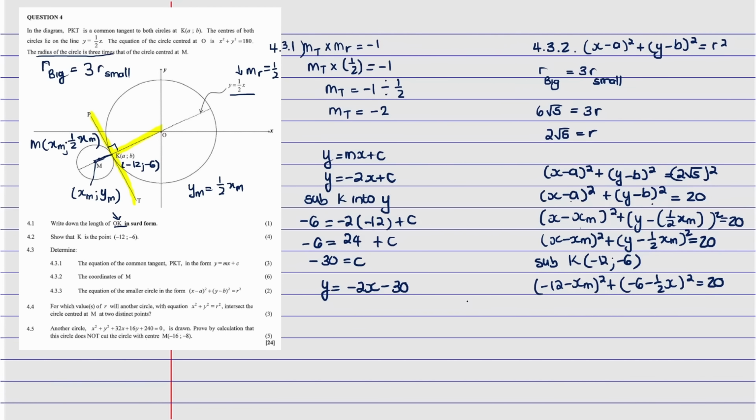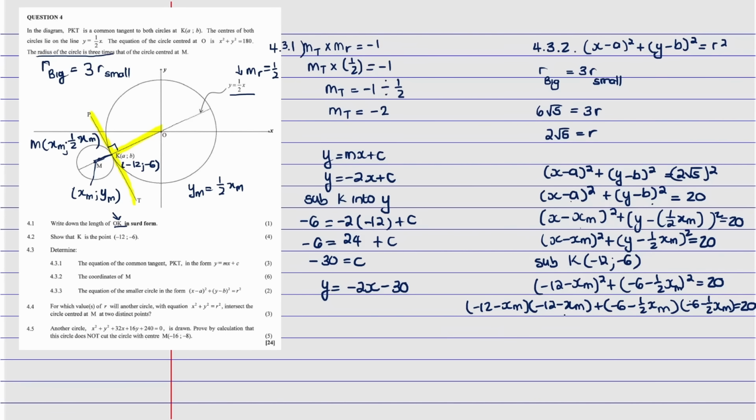It's going to be negative 12 minus xm, then another bracket, negative 12 minus xm, right? And this is going to be plus negative 6 minus 1 over 2 xm, then another bracket, negative 6 minus 1 over 2 xm, and this is going to be equal to 20, right?